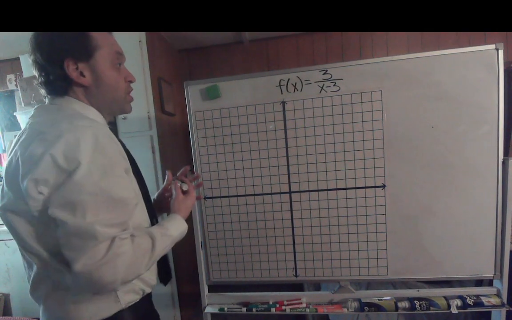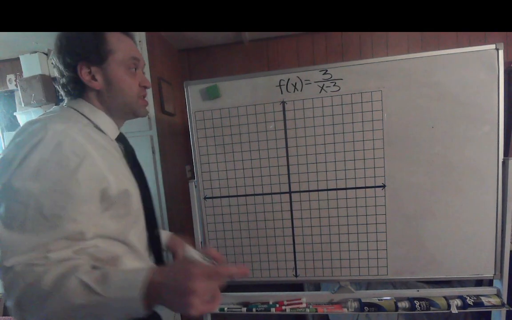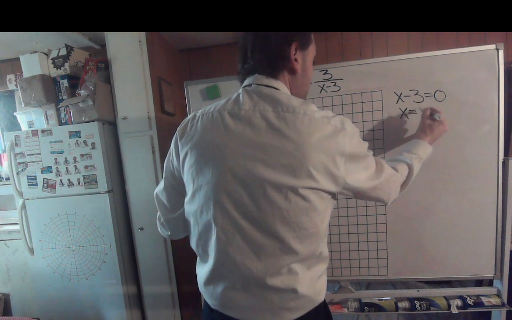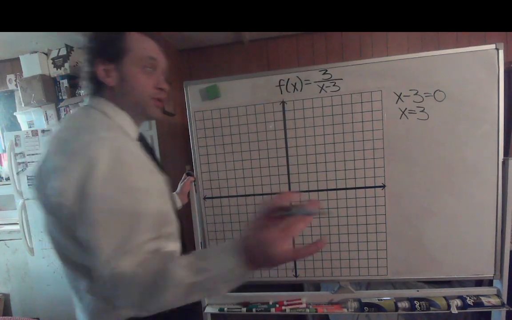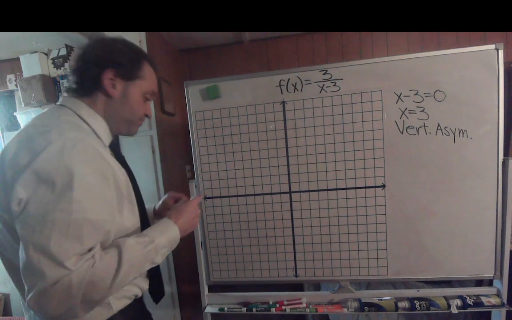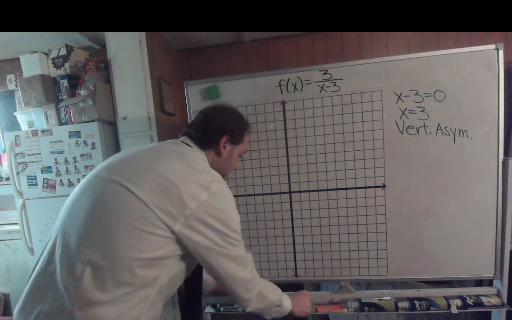Now, what you have to do is take your denominator and set it equal to 0. So take x minus 3, set that equal to 0. Well, you would get x equals 3, right? So x equals 3 is your vertical asymptote. So why don't we plot that here?